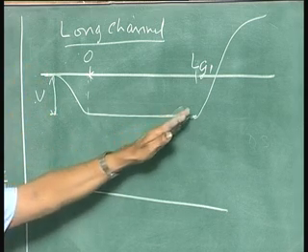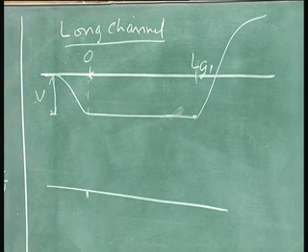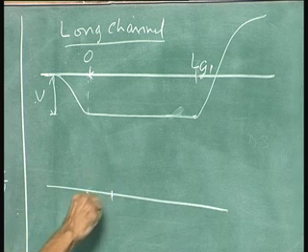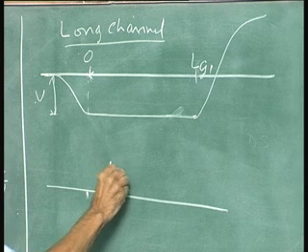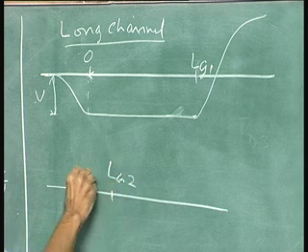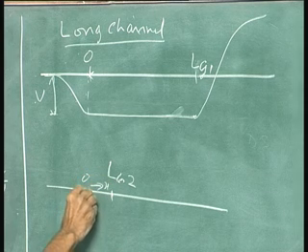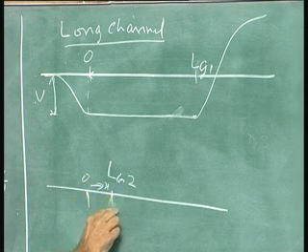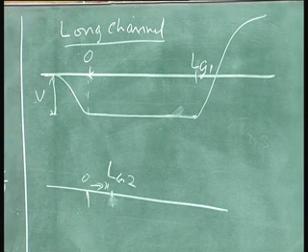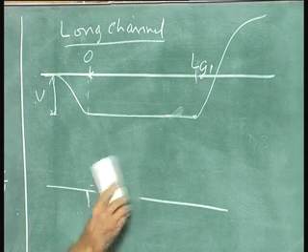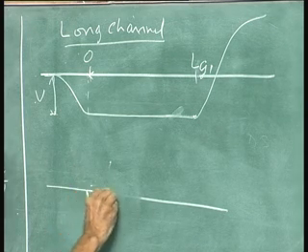Now, if I move this back to short channels, what happens? Very short channel I put it here, Lg2. How will that be? I am not able to plot it here, so I will keep a bit more place for me.